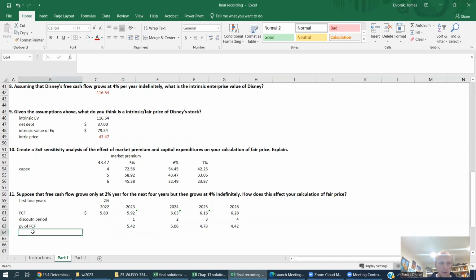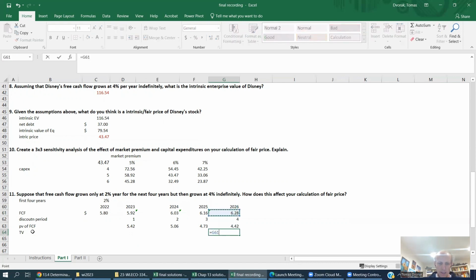Let's calculate the terminal value. So the terminal value, as of 2026, will be the last free cash flow that's going to grow at 1 plus 0.04.